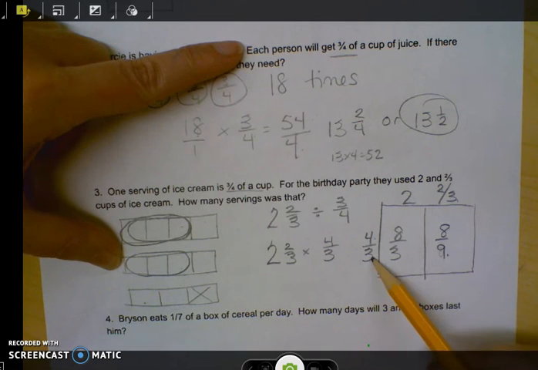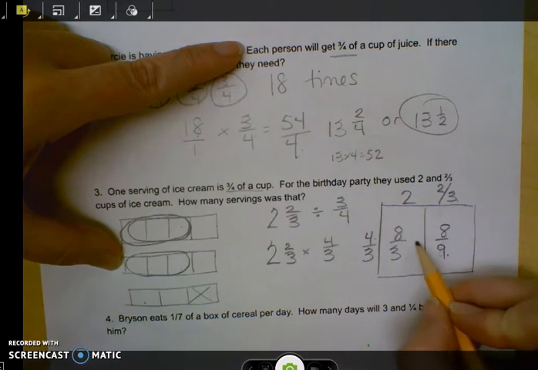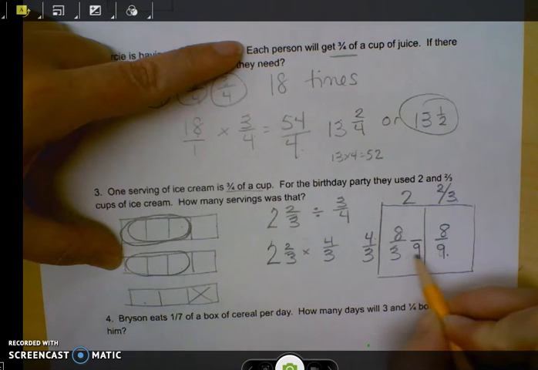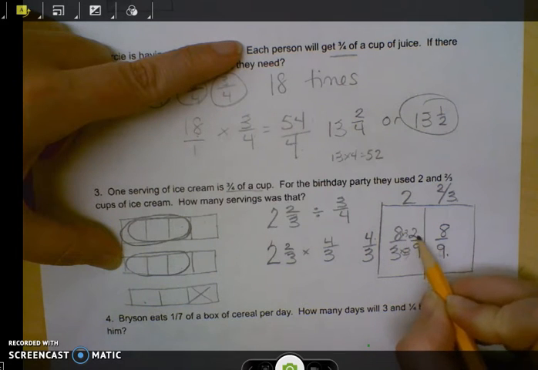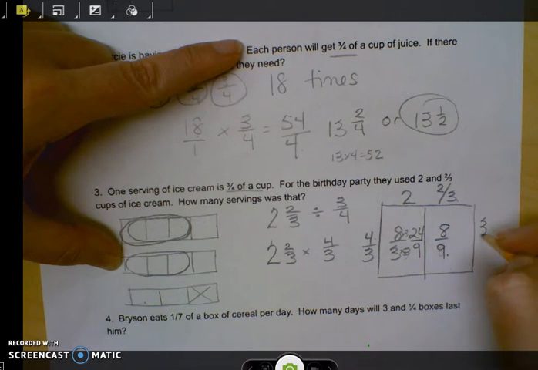And 2 groups of 4/3 is 4/3, and another 4/3 makes 8/3 altogether. So altogether, if I'm going to add this up, I need a common denominator. I'm going to multiply my numerator and denominator both by 3. So I'm going to get 24/9 and 8/9. And when I add that together, I get 32/9.